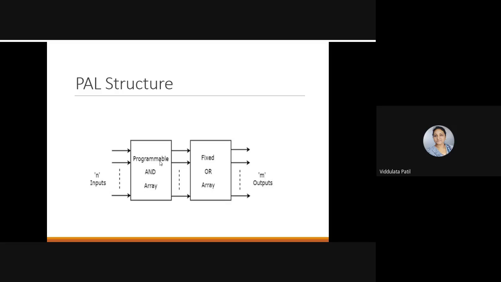But whatever product terms you are getting from this AND array are fixed, and depending on that there will be an OR array that is fixed, so you cannot change or configure this OR array, and you are getting the output of this OR array, that is m number of outputs that you will get if you are having n inputs. So you need to program depending on your requirement.